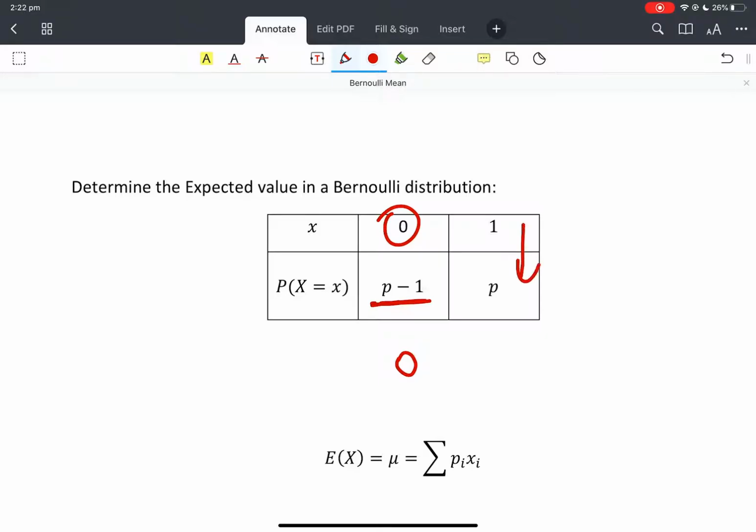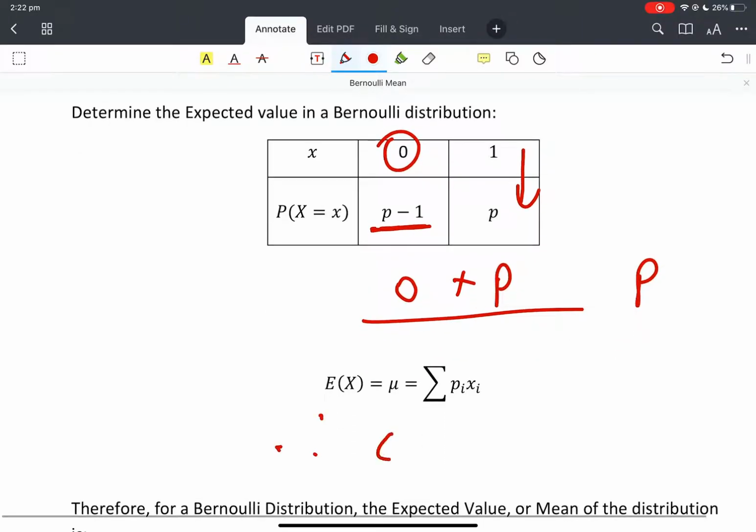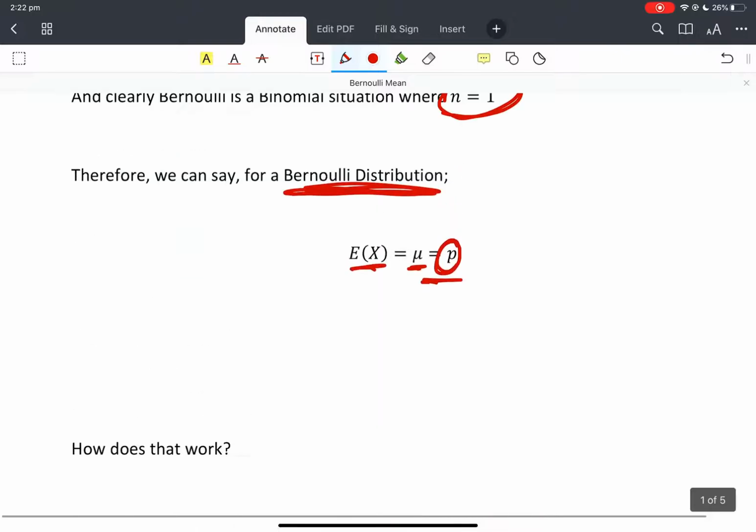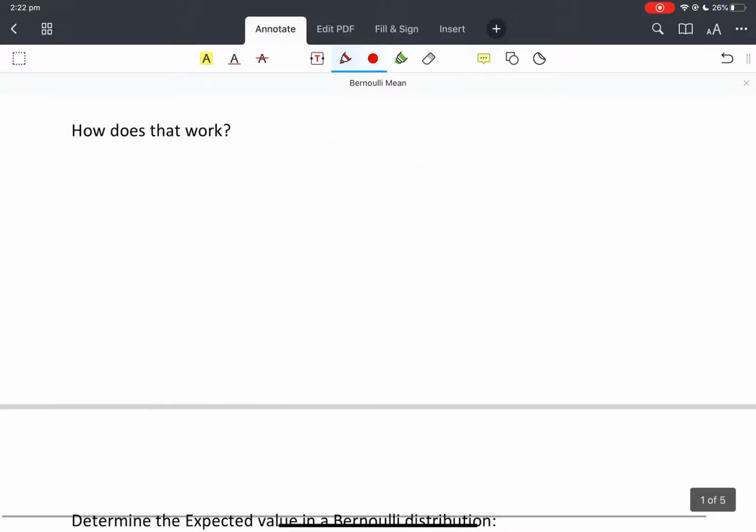What's 1 times p? And then we're going to add across. What's 0 plus p? p. Therefore, the expected value for a Bernoulli trial or a Bernoulli distribution is p. Oh my gosh, that's a surprise, because that's what we got up here.